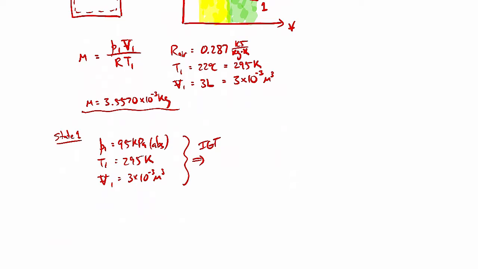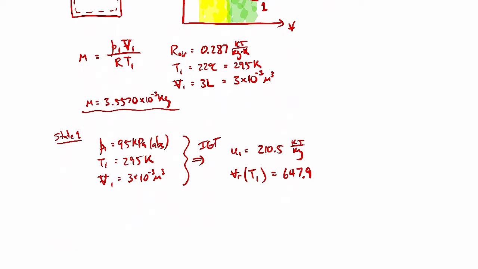So we can go back to that ideal gas table, and you'll find that u1, the specific internal energy, is 210.5 kilojoules per kilogram. Another quantity that we'll make use of is the relative volume, and you'll see why we use that in just a moment. So we'll look that value up from the ideal gas table. That comes out to be 647.9.